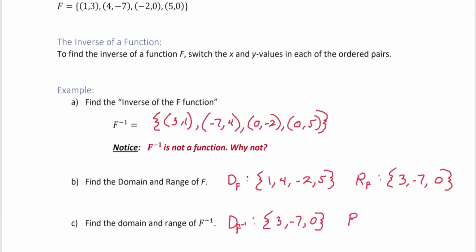The range of f inverse are the y values of f inverse, 1, 4, -2, and 5. Notice that the domain of f is the same as the range of f inverse, and the range of f is the same as the domain of f inverse.